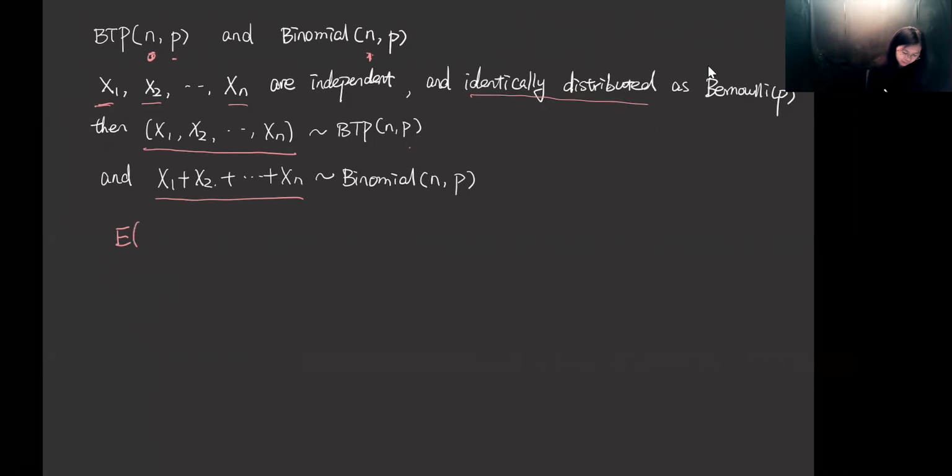So we can get the expectation of this binomial n, p distribution, let's say this is Y, without getting the probability mass function first. We can use the properties of expectations and variances. So let's use first the linearity property of expectation.